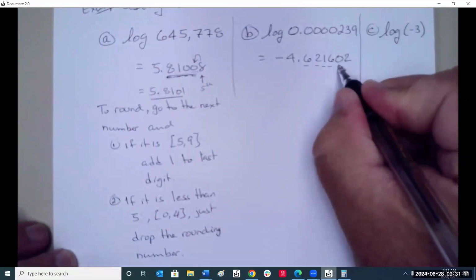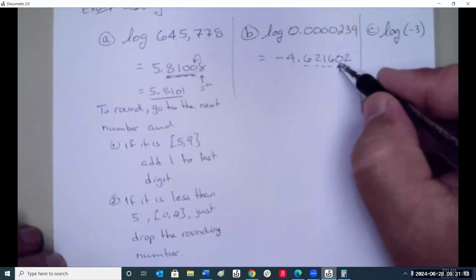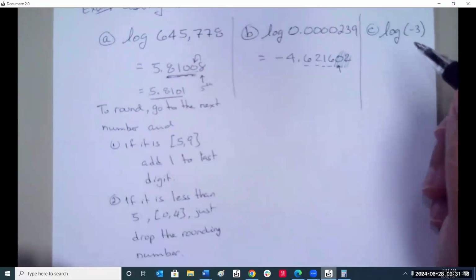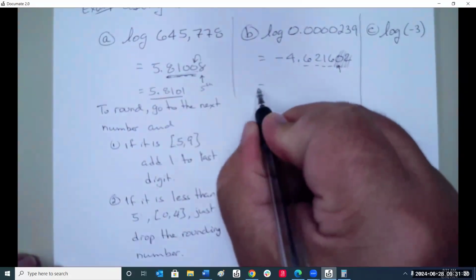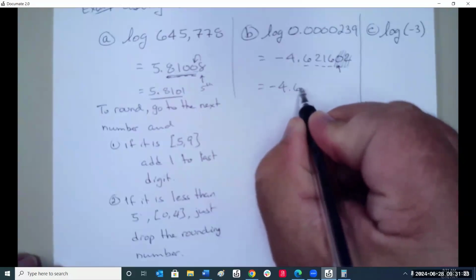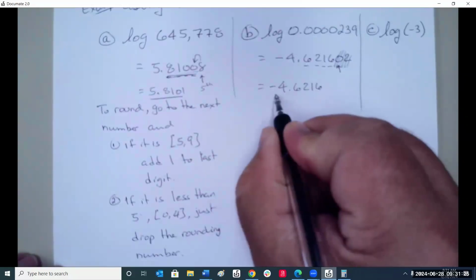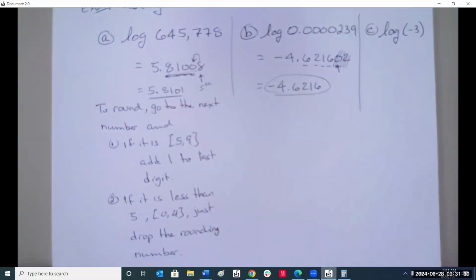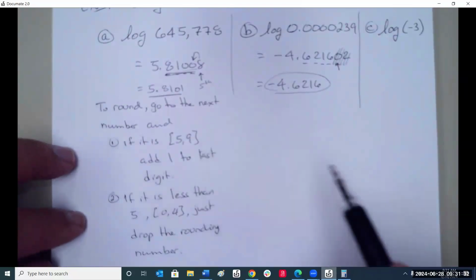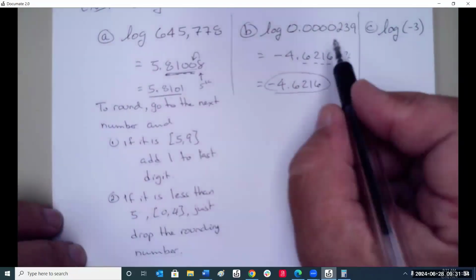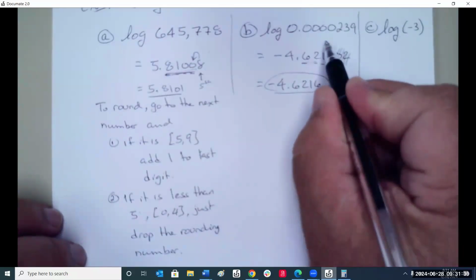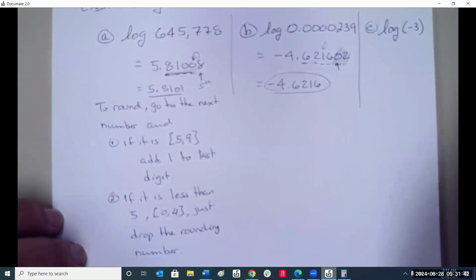So we look at the 5th. Since that number is between 0 and 4, we just drop all that. And that's our answer. So that's what the whole rounding thing is. If it said only 2 decimal places, then we look at the first 2 decimals, and since the next one is between 0 and 4, we just drop it off.